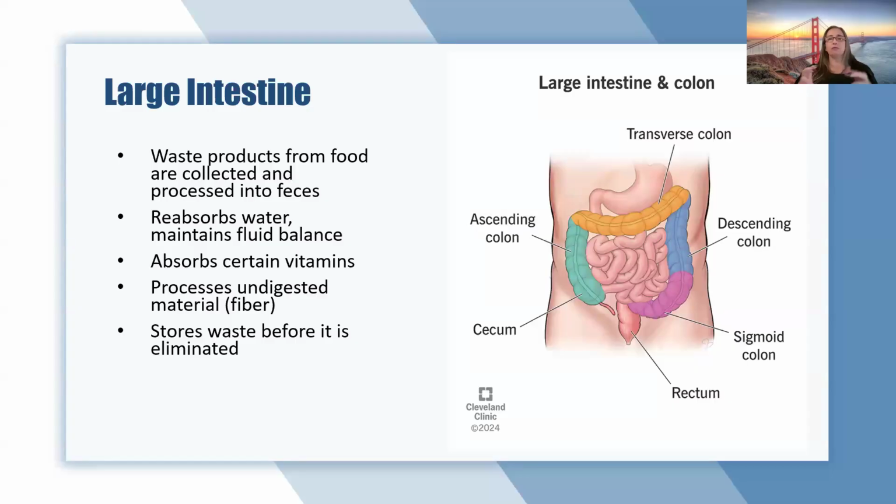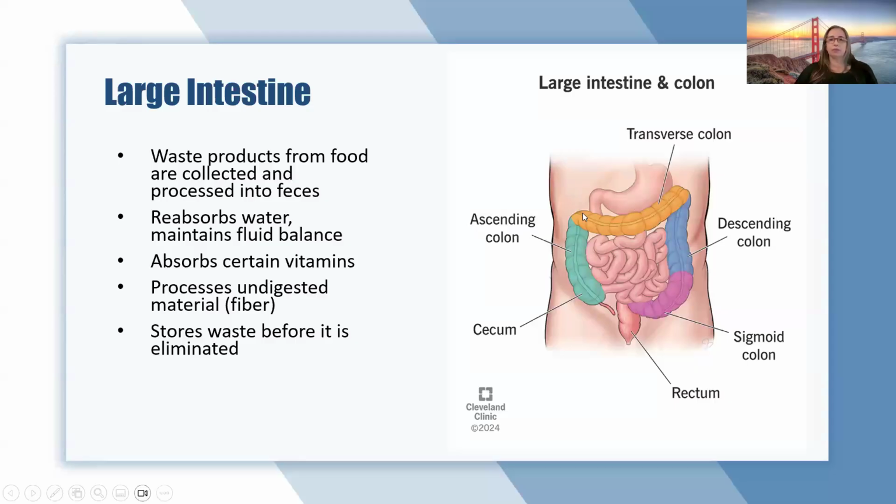The main role of the large intestine is to reabsorb water out of the stool. The stool going into the bottom right side is very liquidy, and as it travels through the colon, fluid is pulled out of it, making it more solid.